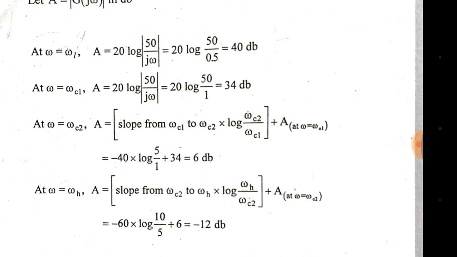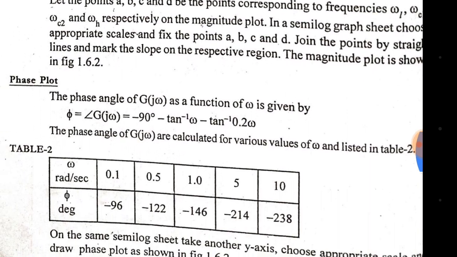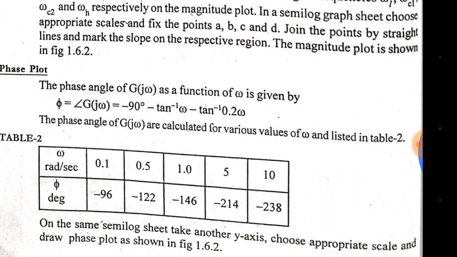So the values needed to draw the magnitude plot are done, and next we want to find the values to plot the phase plot. This is the phase plot equation: phi is equal to minus 90 degrees minus tan inverse omega minus tan inverse 0.2 omega. Why minus 90 degrees?